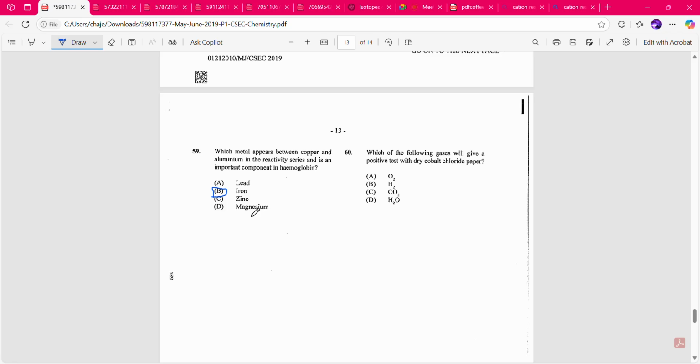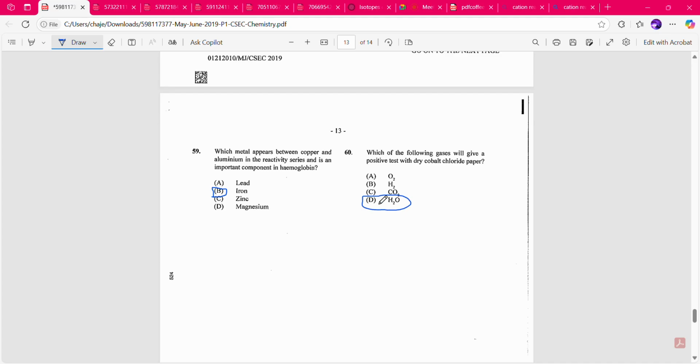60, which of the following gases will give a positive test with dry cobalt chloride paper? I think it actually changes from blue to pink. I am going to say that this answer is water.